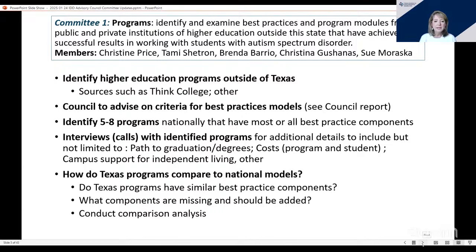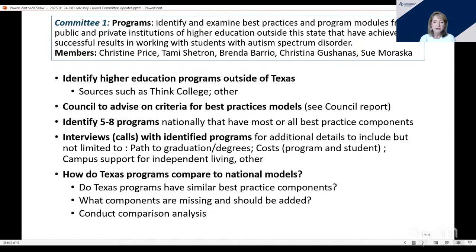Depending on how many are identified, I think that it may be most efficient to identify a sample of those programs, maybe 5 to 8, maybe 10. I'm not sure what the number would be that we could identify as programs that had most or all of the best practice components that are identified.